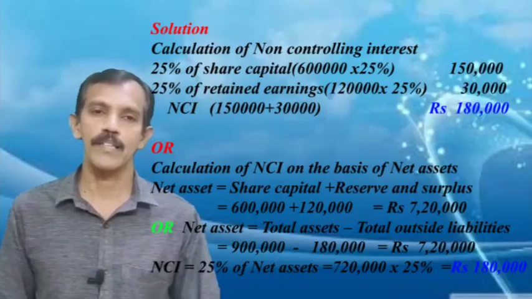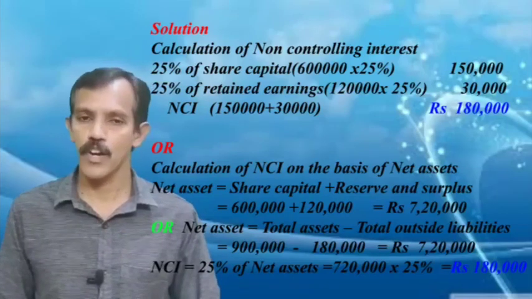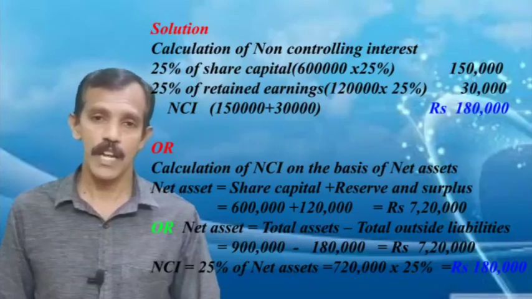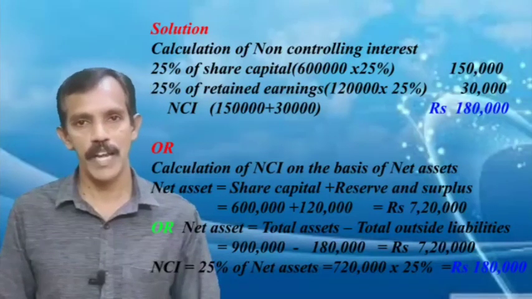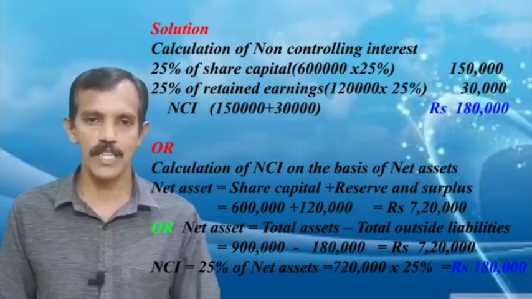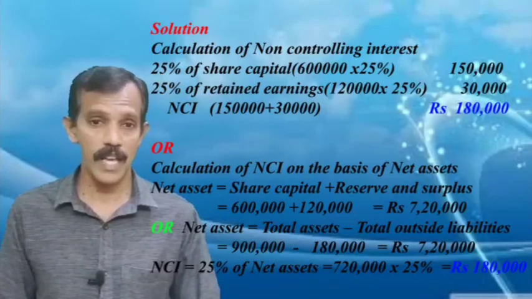We can calculate this non-controlling interest in another way, that is, the calculation of non-controlling interest on the basis of net assets. For this purpose, we have to calculate net asset. Net asset is equal to share capital plus reserve and surplus. Share capital in our question is 6 lakh, then reserve and surplus 1,20,000. The total comes to 7,20,000.